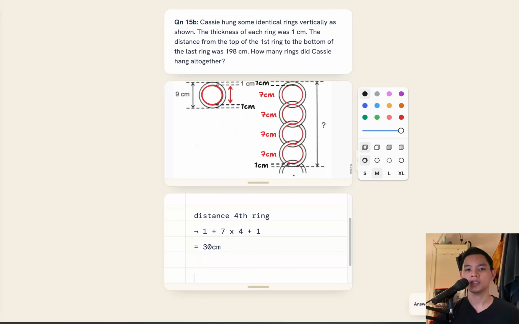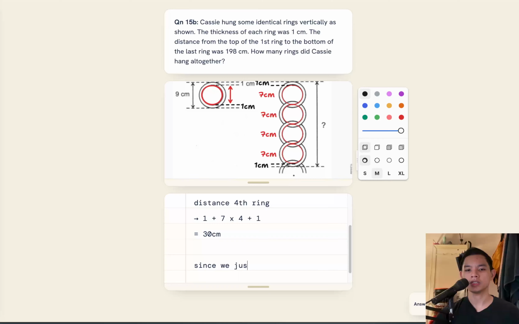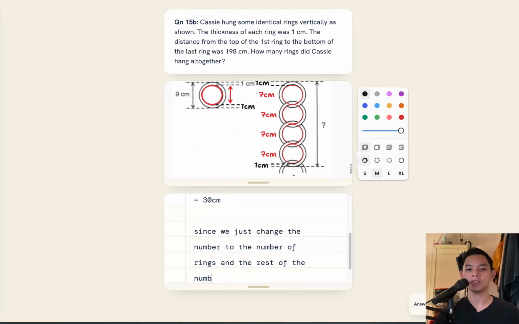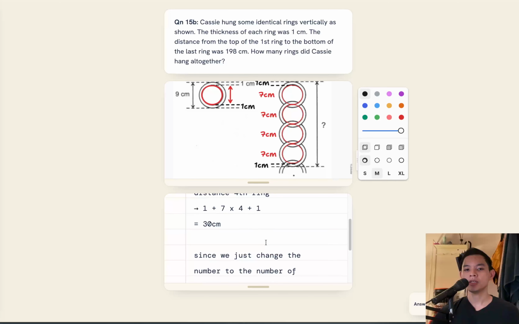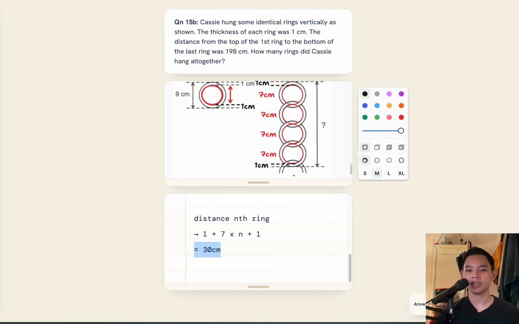So for any number of rings, we just change the number 4 to the number of rings and the rest of the numbers are the same. So the distance of the nth ring will be 1 plus 7 times n plus 1, and we simplify it to 2 plus 7n. In this case, n is the number of rings.